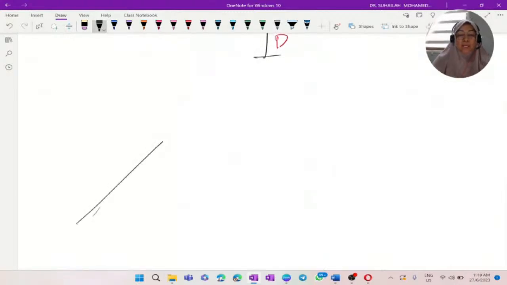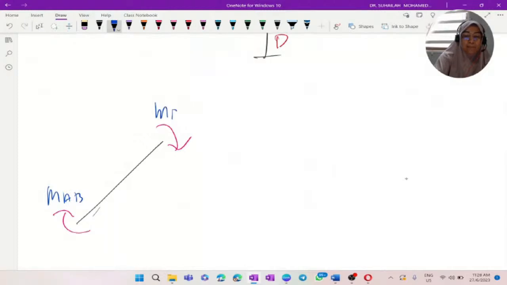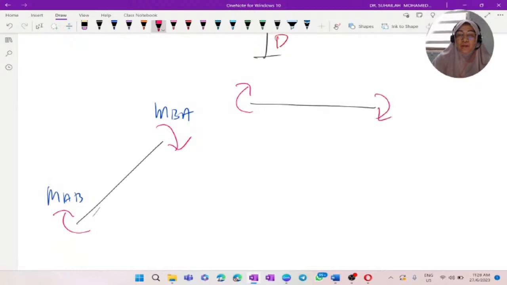For member AB, the member end moments are MAB and MBA. For member BC, there are two ends, so it will have two end moments, MBC and MCB.